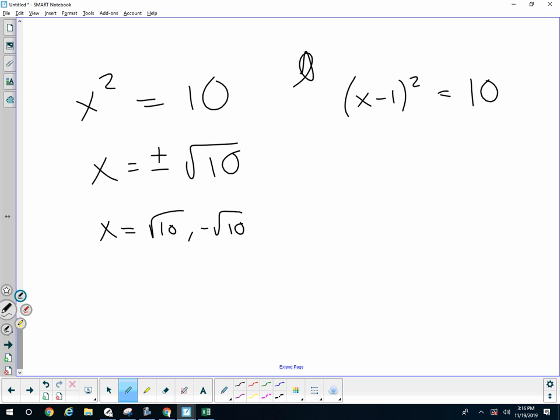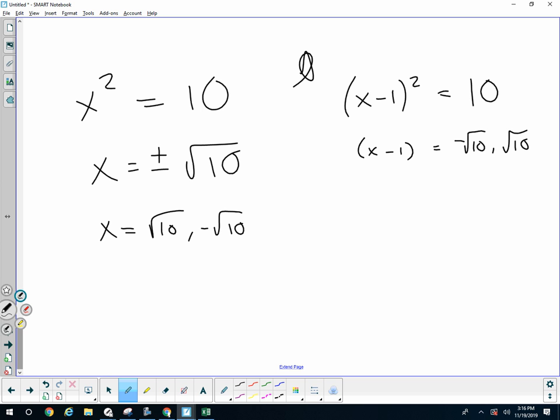I'll show you. Everybody just pay attention to what I'm going to do, and it's okay that we're going to write it like this. I'm going to square root both sides and get x minus 1 equals, just like I talked about here, negative root 10 and positive root 10. I'm going to add 1 to both of those. Gosh, it's not going to be root 11.